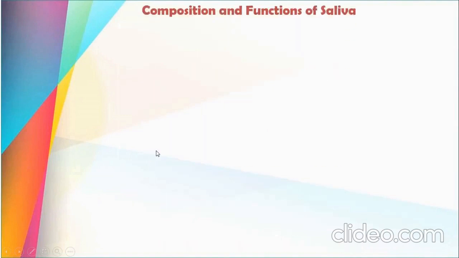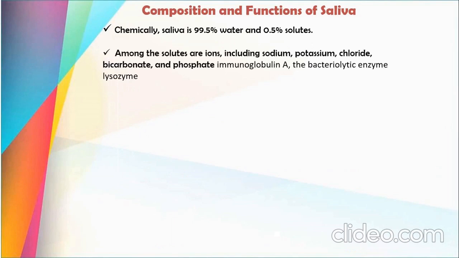Next is the composition and function of saliva. Chemically, saliva is 99.5% water and 0.5% solutes. Among the solutes are ions including sodium, potassium, chloride, bicarbonate, and phosphate, as well as immunoglobulin A and the bacteriolytic enzyme lysozyme.